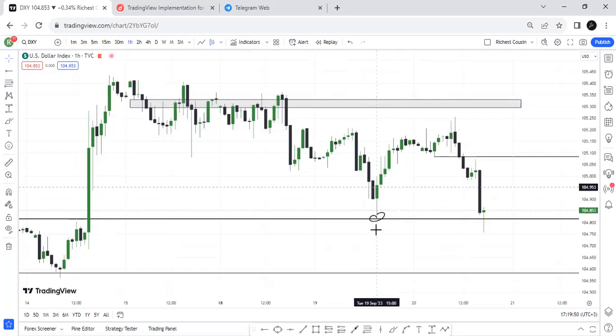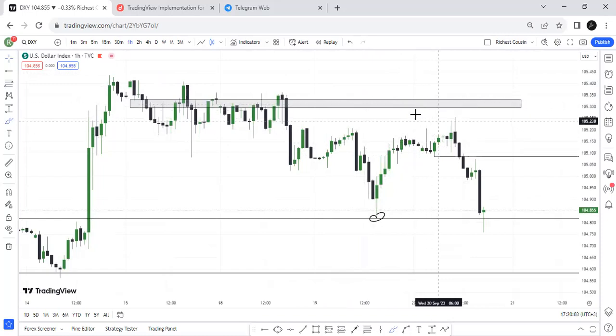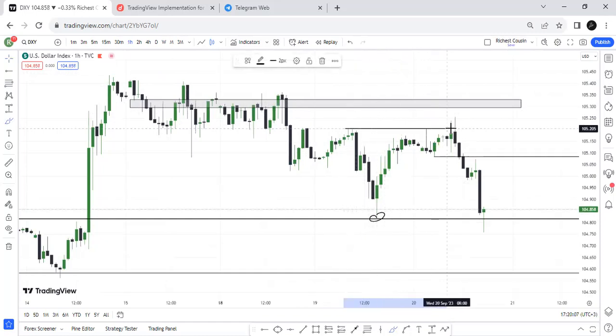These buyers who entered this market, because we were already anticipating a change in structure. As you can see, it broke above the H1 structure, so we anticipated a move going to the upside. But we did see price fail to close above this structure high.